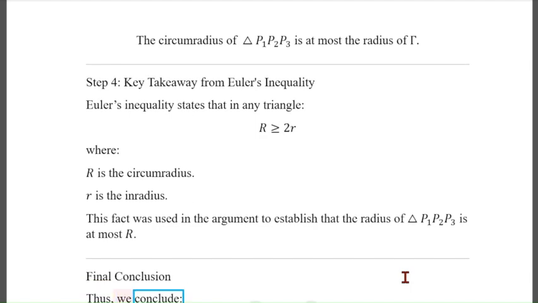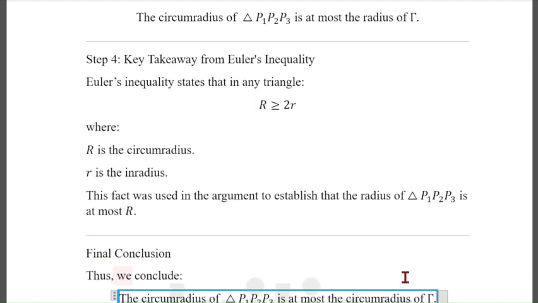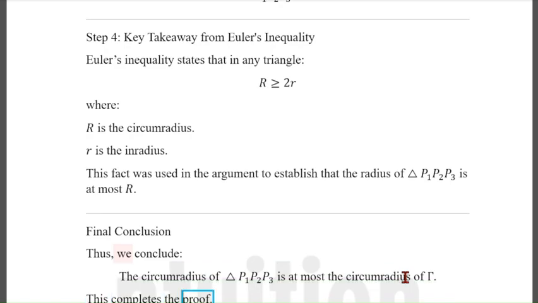Thus, we conclude, boxed: the circumradius of P_1, P_2, P_3 is at most the circumradius of Γ. End boxed. This completes the proof.